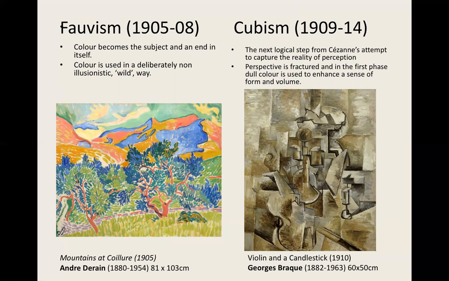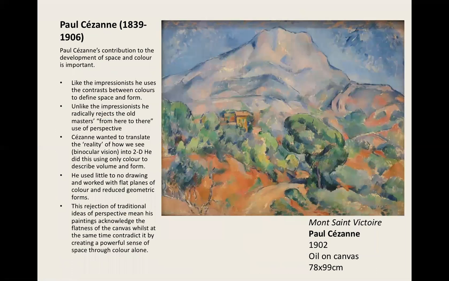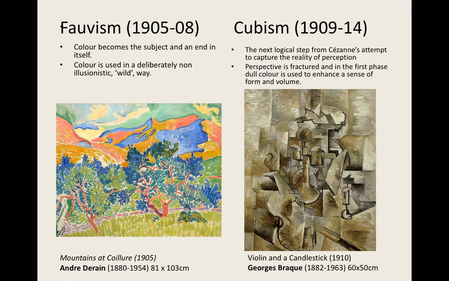It certainly has something more in common with the Cezanne, the Mont Saint Victoire, but the way colour's being used, it's pushing at those rules. Those rules are being sort of exploded.